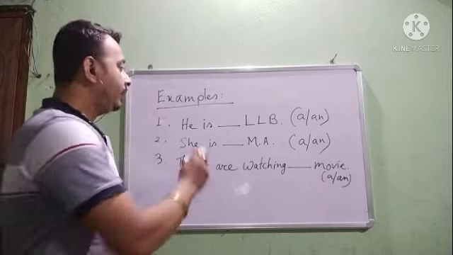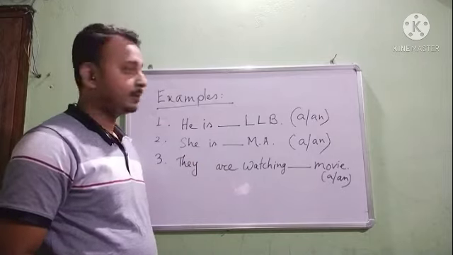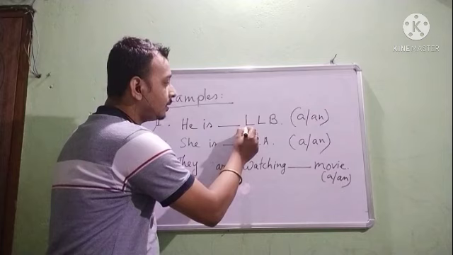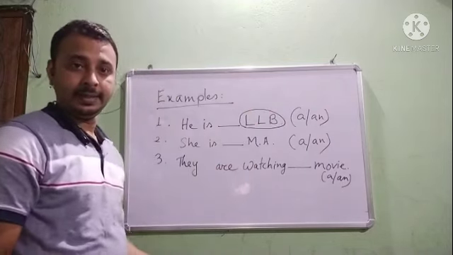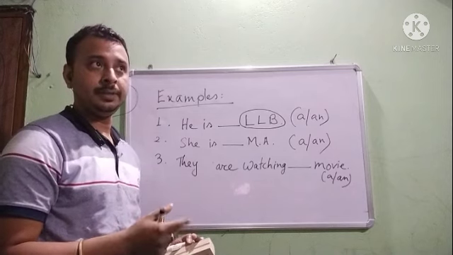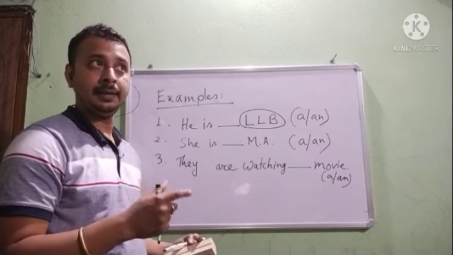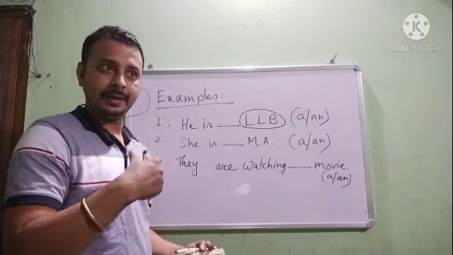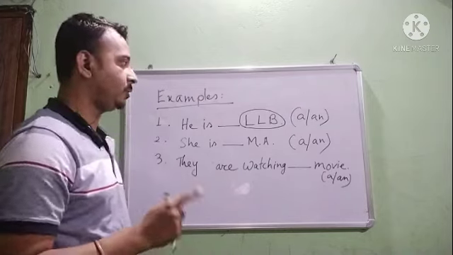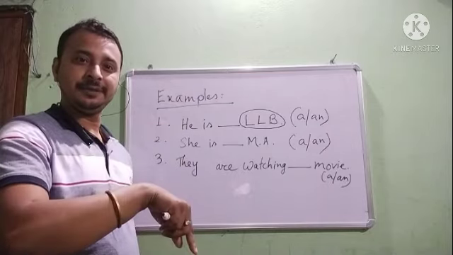Okay. He is dash LLB. So what is the first letter? How do we read this? We read it LLB. When we say LLB, A comes first. Keep pronouncing like this. A comes first. So A is in the list of vowels as you already know.